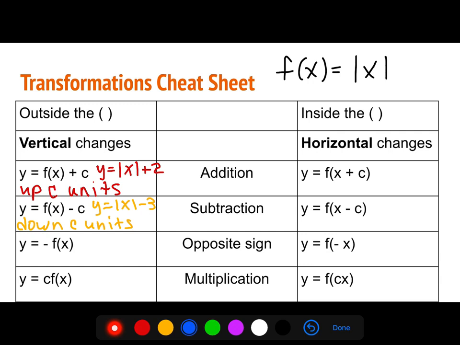Over to the other side, if I have the absolute value with f of x, but I have this plus inside the absolute value, this is what that would look like, plus, let's say, 4. But it's inside the absolute value, that is going to be left.